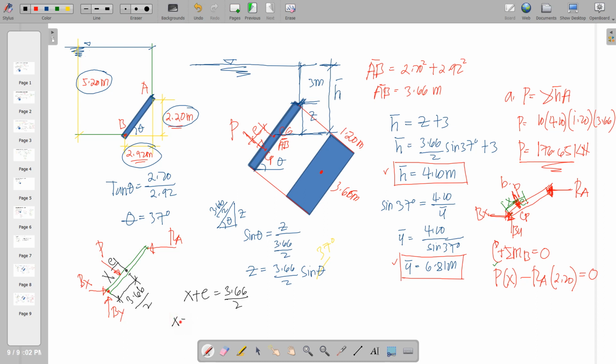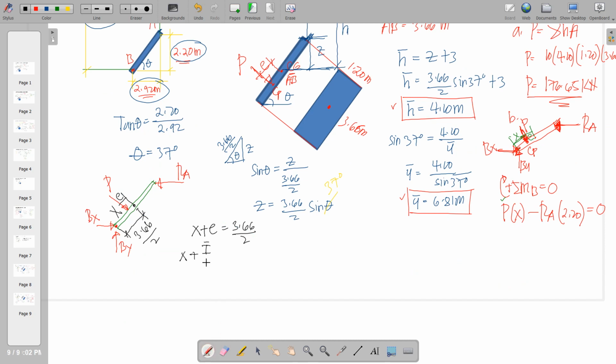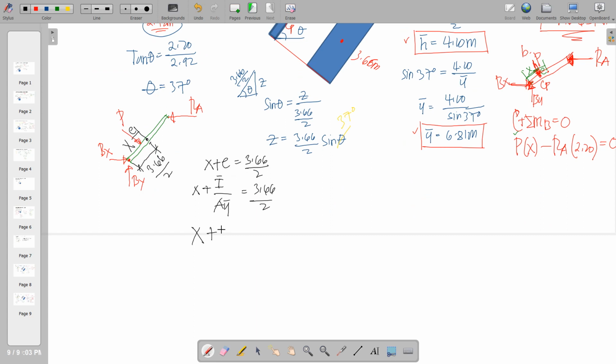So we use the formula for E, I bar all over A Y bar. Of course, we just write this one. Okay, next, just copy that. We have a rectangular one here. BH cubed over 12, the centroidal moment of inertia of a rectangle, all over the area BH times Y bar, is equal to the right hand side of the equation.